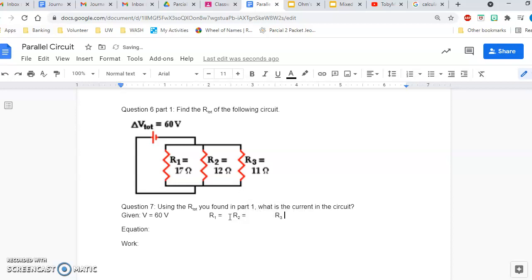I should have done it this way. Sorry about that. So I'll make sure that gets corrected. But this is what we're going to copy down. So R1 is going to equal 17 ohms. R2 is going to equal 12 ohms, and R3 is going to equal 11 ohms.